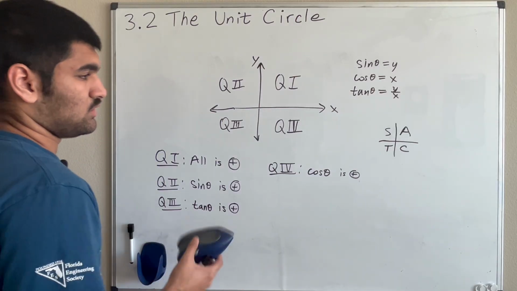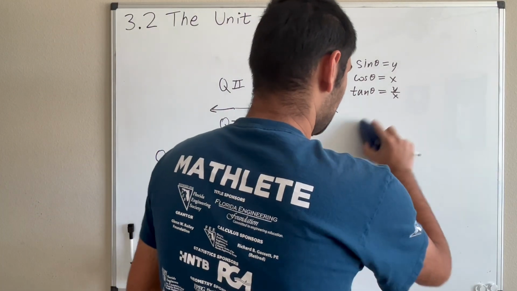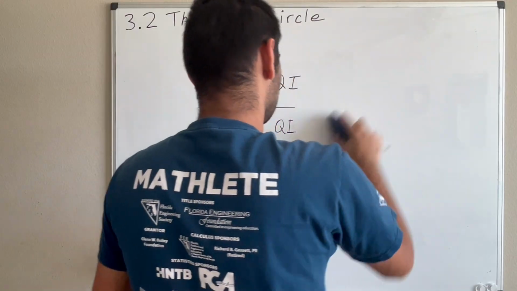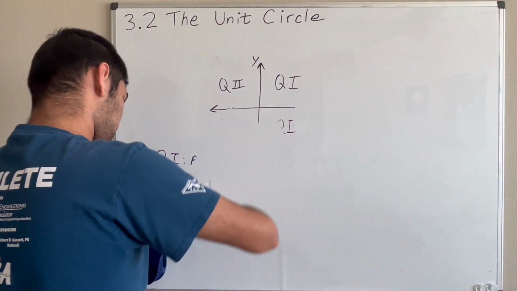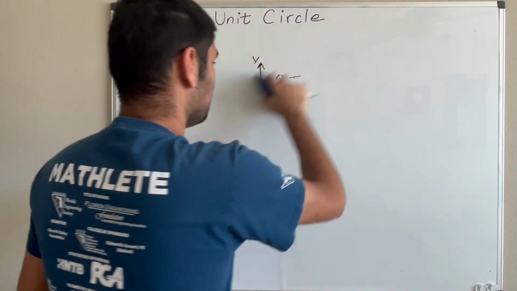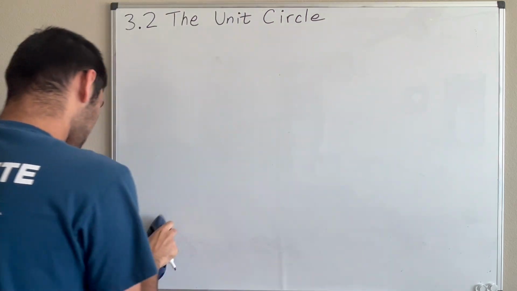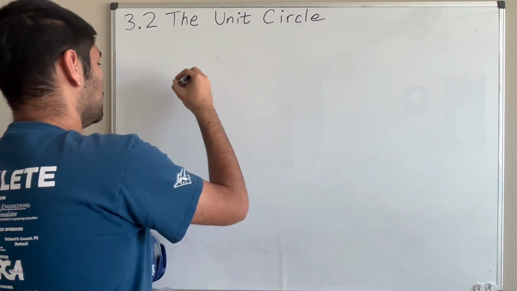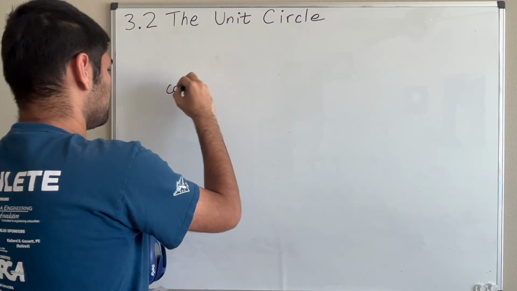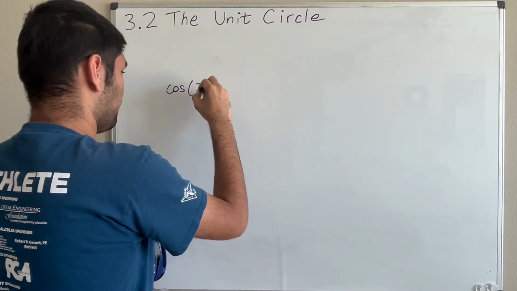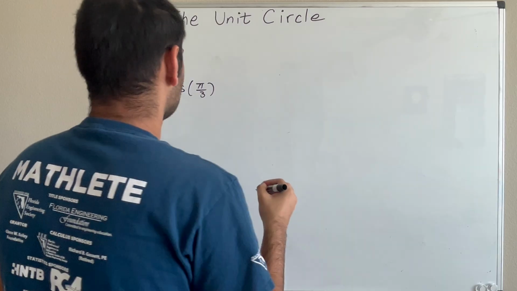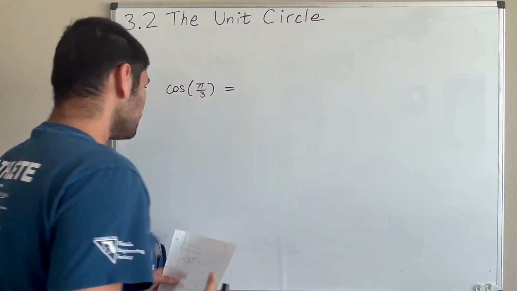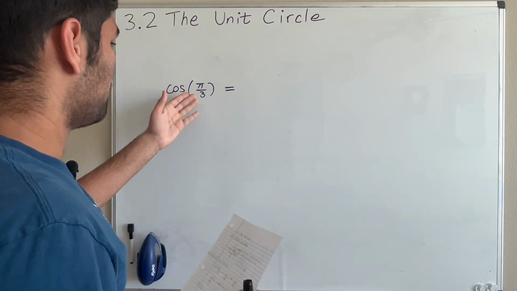So if you want to try an example with this real quickly, we can. Suppose we have, let's say, cosine of pi over 3, right? First you have to see where pi over 3 is.